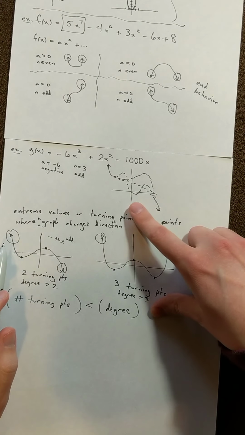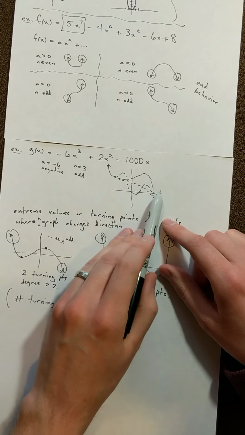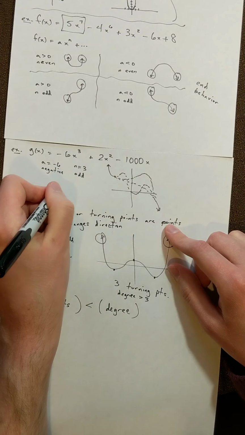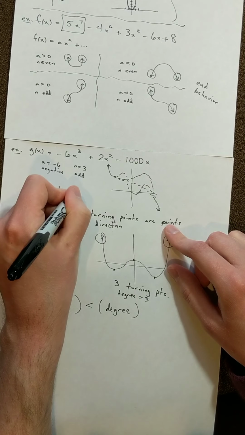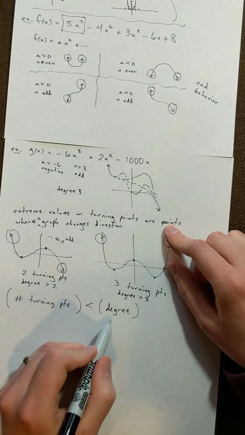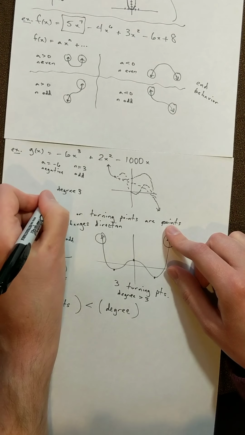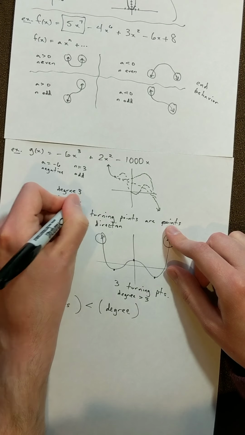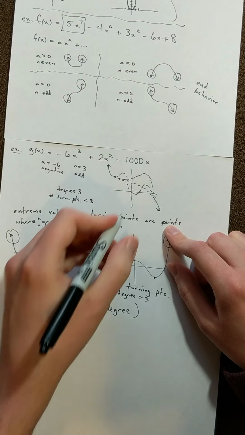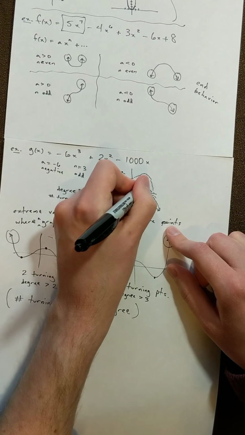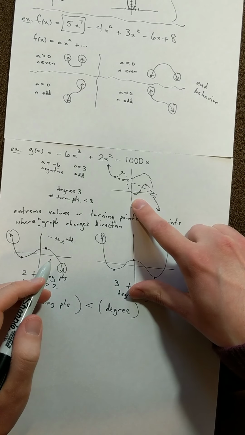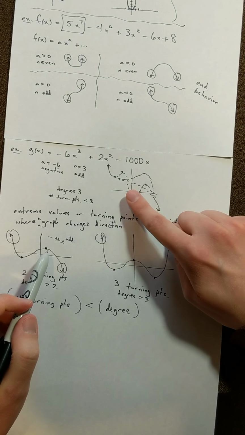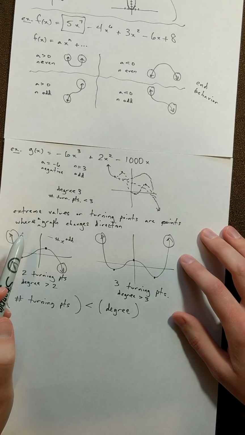This graph, if we look at our 3 options, let's see, I'm not sure if all these are really realistic because our degree is 3, and the number of turning points should be smaller than the degree, so the number of turning points has to be smaller than 3. And so this last one that I drew, I can definitely rule that one out. That has 3 turning points. That's too many turning points to be an x cubed graph. Both of the first two are still viable possibilities though.